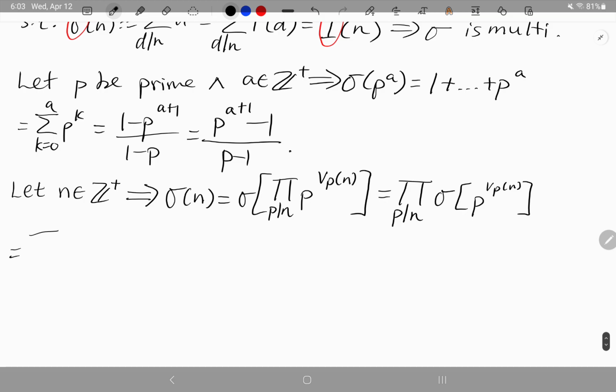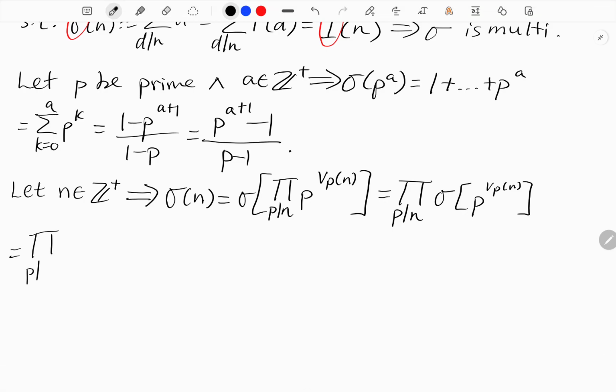And this is equal to the product running over all primes of n. Well, for sigma of p to the v sub p of n, once again pretend you can just substitute v_p(n) with a. Then we have the product of all of this: 1 minus p to the v sub p of n plus 1 over 1 minus p. Okay, and that's it.